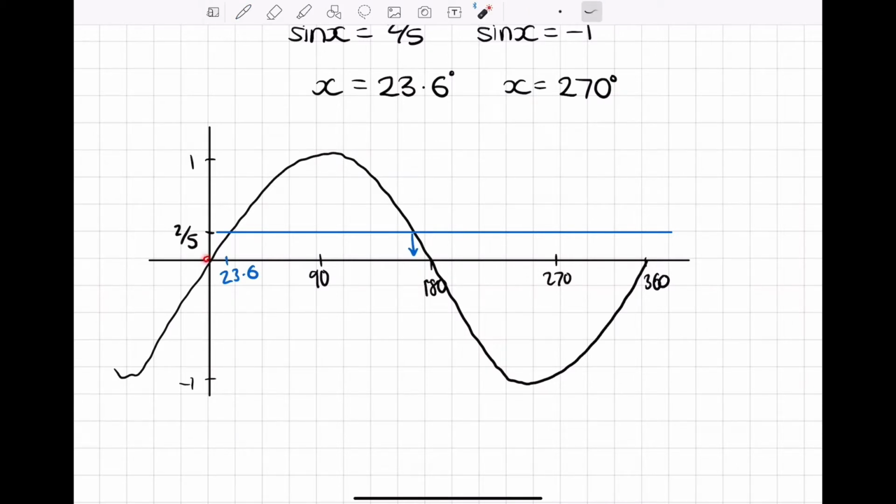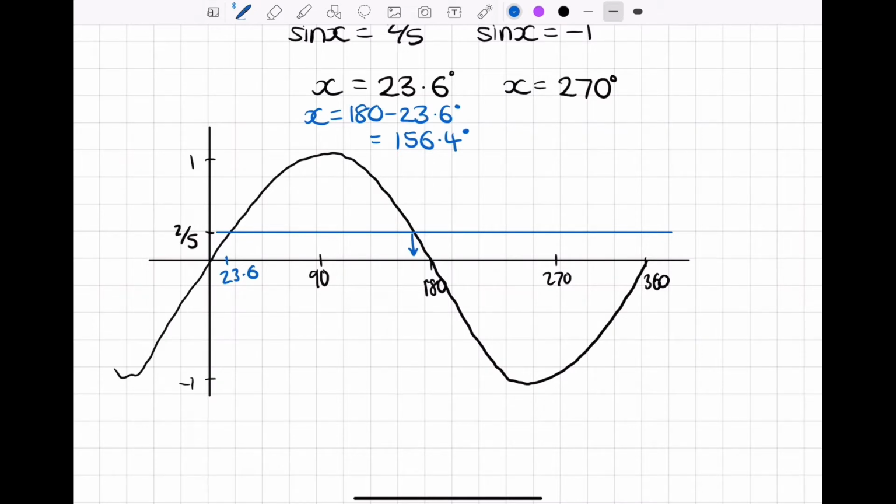But if we know that this distance here is 23.6, then we can just go from 180 and step back. So the other solution there would be 180 minus 23.6, and that gives us 156.4 degrees.